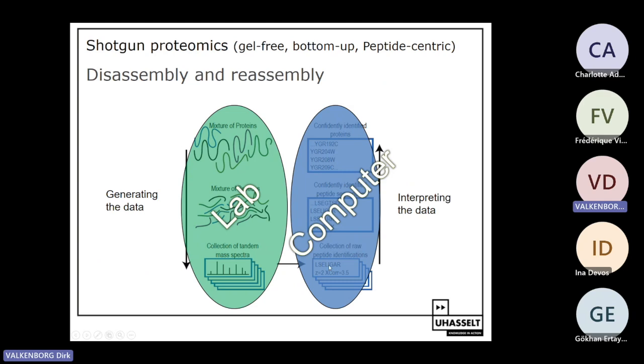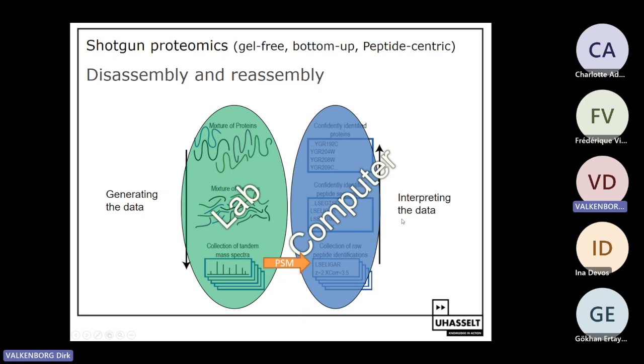We try to figure out, looking at the masses of the fragment ions, which peptide sequence we are looking at. From that, we infer which peptides we have in our sample, and from the peptides we go back to the proteins. So there is a disassembly in the lab and a reassembly on the computer: generating the data, interpreting the data.